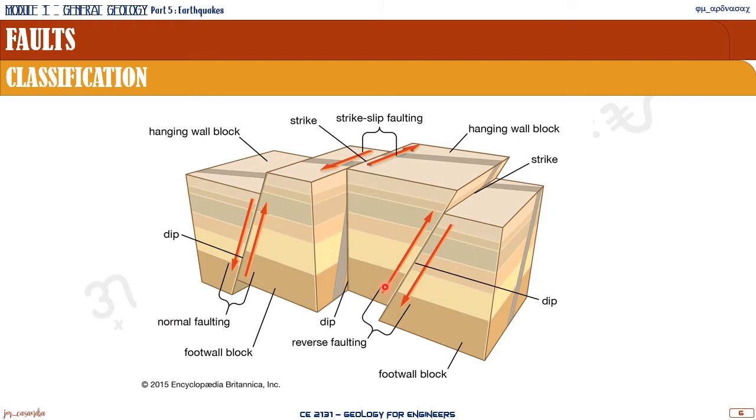If the hanging wall moves up, then it's a reverse fault. So if the two plates, two blocks are moving past each other, then it's simply a strike slip. So depending on the direction, it would either be sinistral or dextral slip.